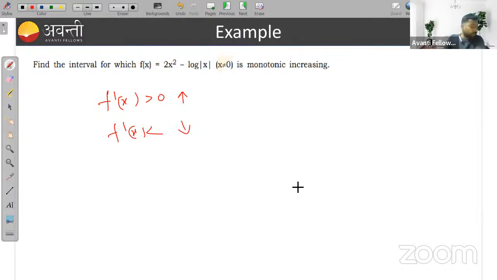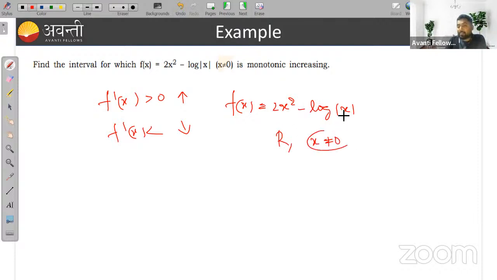So we need to first find, okay, here you can see this function, the given function f of x is equal to 2x square minus log of mod x, right? So what is the domain of this function? The domain will be R, but 0 will not be included, x is not equal to 0, because at x equal to 0 log x will not be defined, and all other real numbers will work.